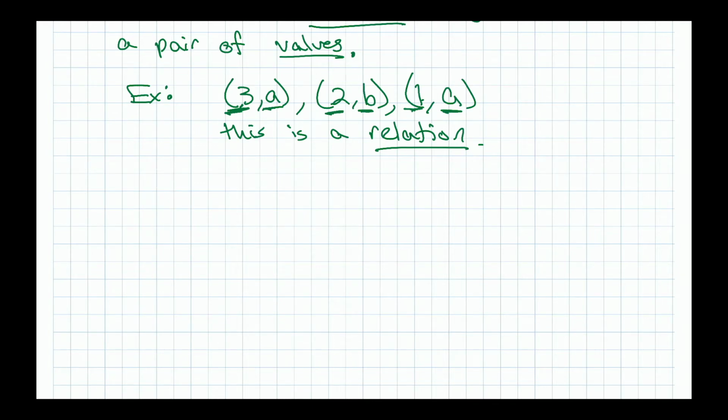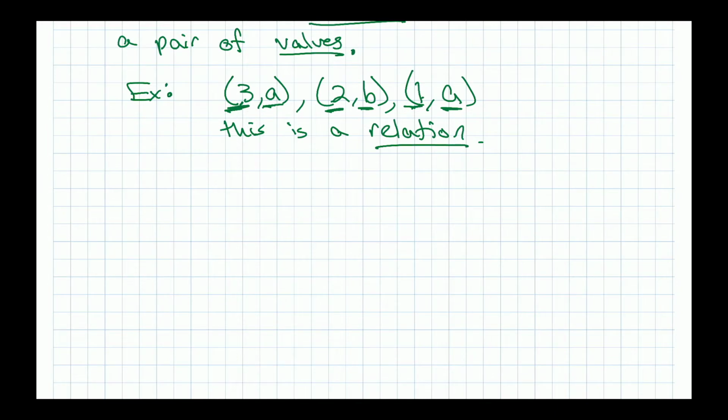So that's a relation. Now, what is the domain of a relation? A domain is just the set of the first element of the pair.